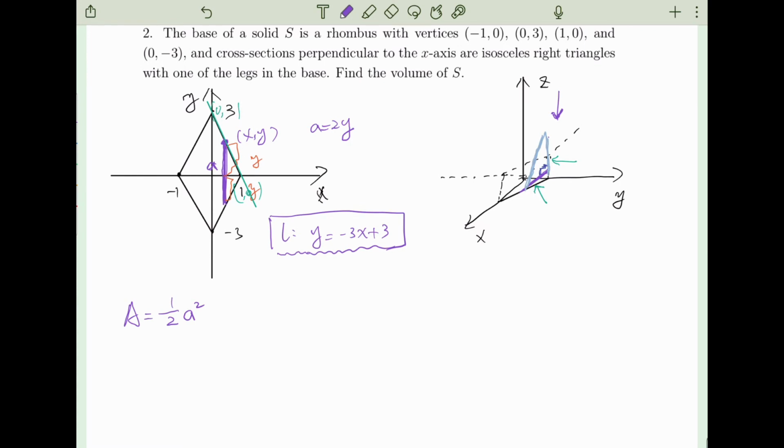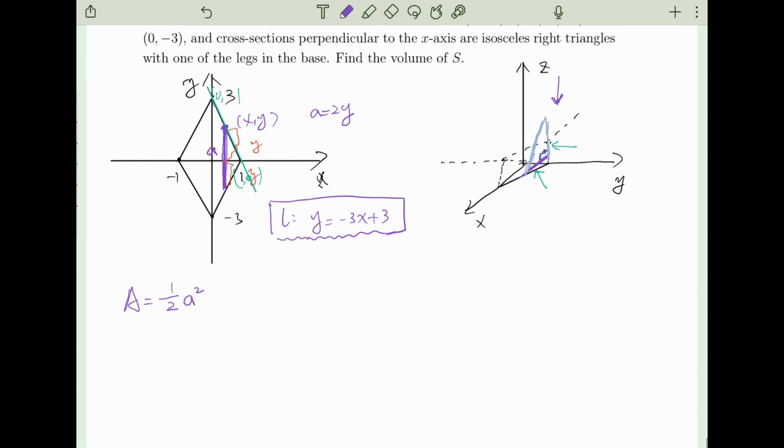Now we're going to find the area. Area is 1/2 A squared. A squared is (2y) squared, right? Now plug in y, so that becomes 1/2 times (2(-3x plus 3)) squared.